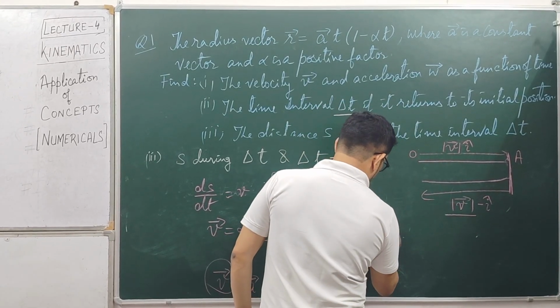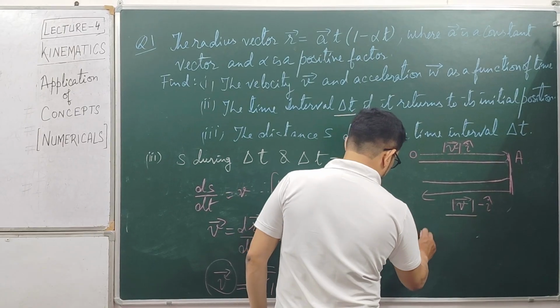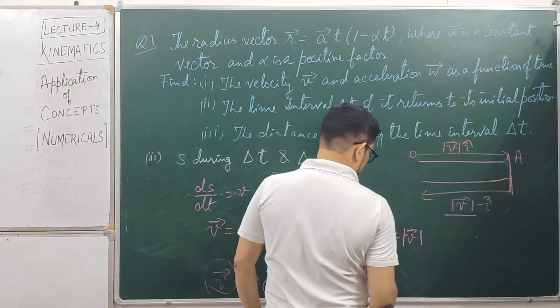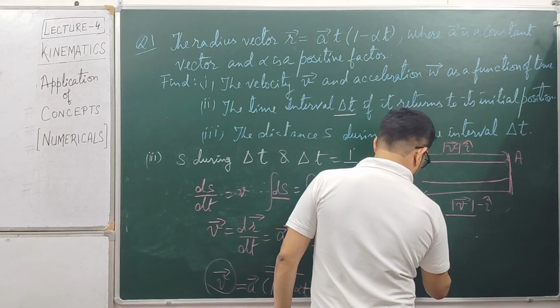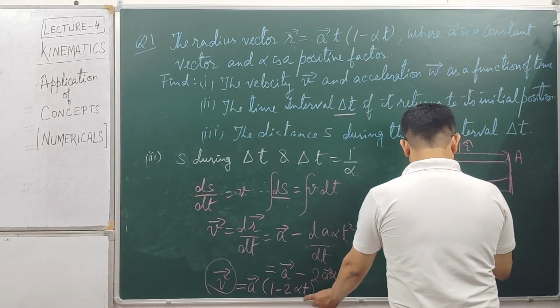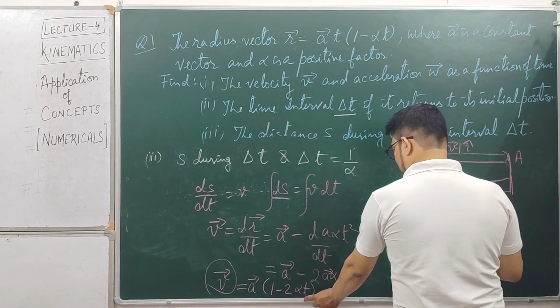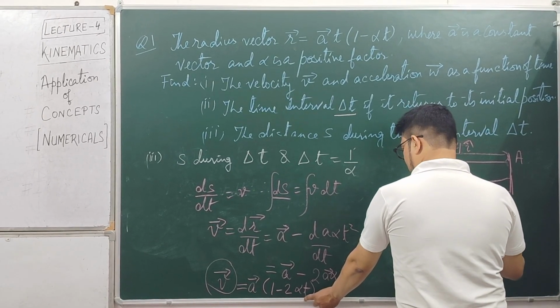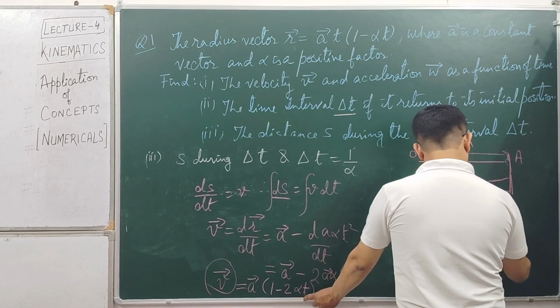So we can write this v, right? This is the magnitude of this velocity, and if you just take into account the magnitude, it becomes a(1 - 2αt).